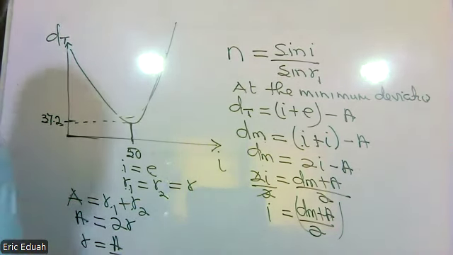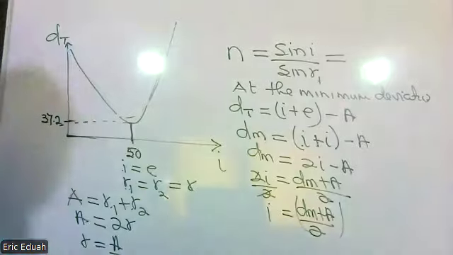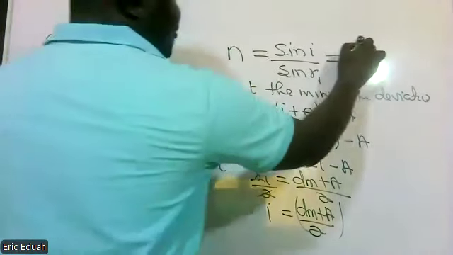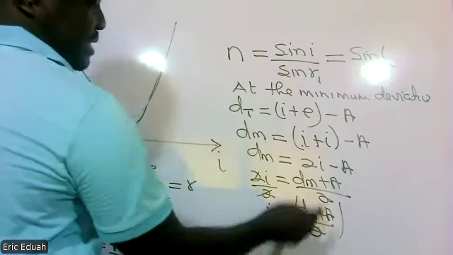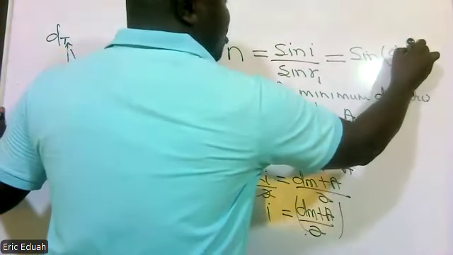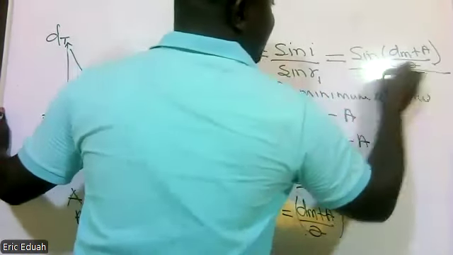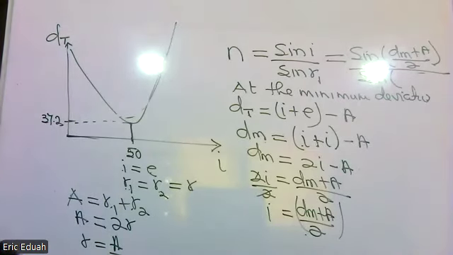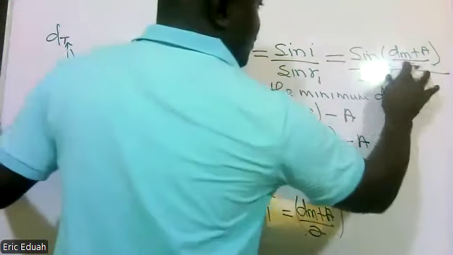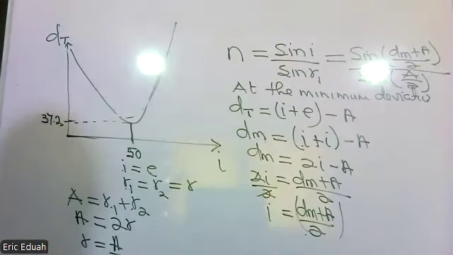So we can use conditions at minimum deviation to also find a refractive index, which will be equal to sine of I, which is sine of D minimum plus A all on 2, divided by the sine of R. R is now A over 2, so sine A on 2. Okay.